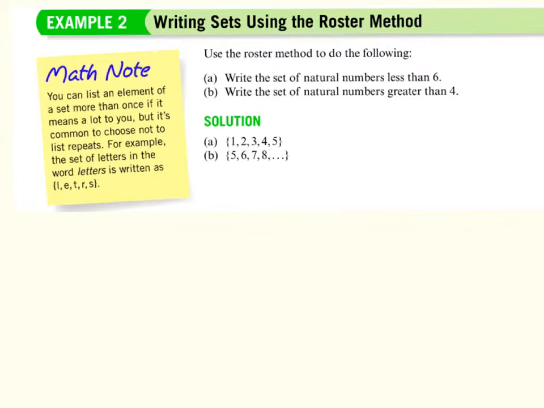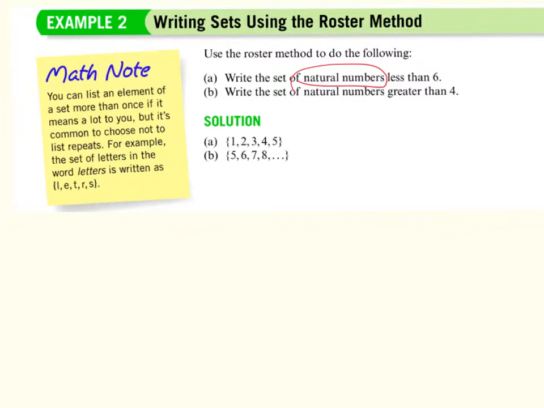Another example. Use the roster method to do the following. A, write the set of natural numbers less than 6. First, we have to understand the definition of natural numbers. If you think about the real number system, the last time you went through it was probably in Algebra 2. We start counting as little babies by 1, 2, 3, 4, 5.